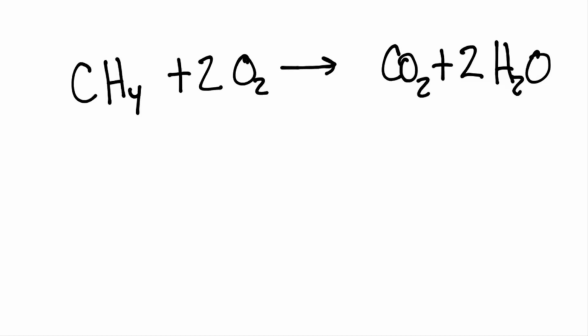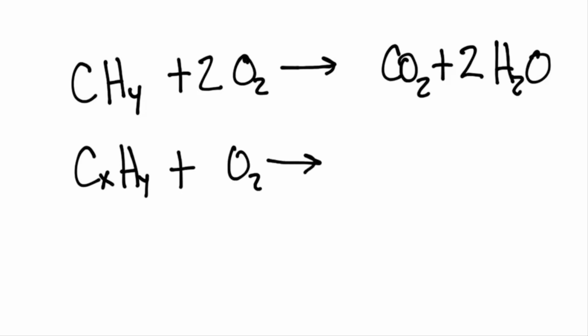The general form for this would be CxHy. And then you would have to put the coefficients based on what x and y are. X and y could be any number that would work for a hydrocarbon.